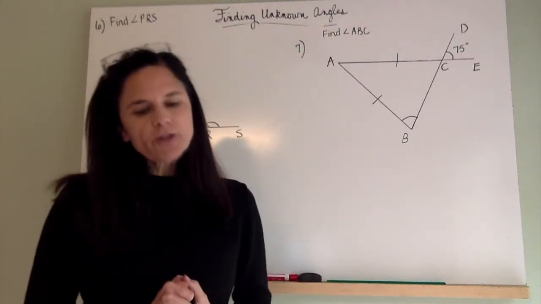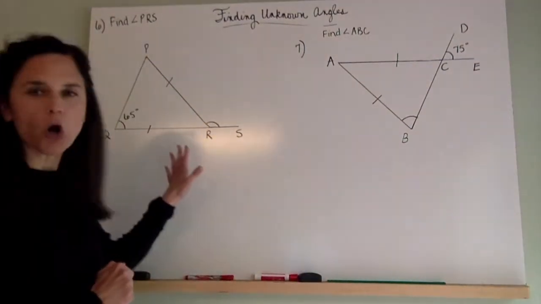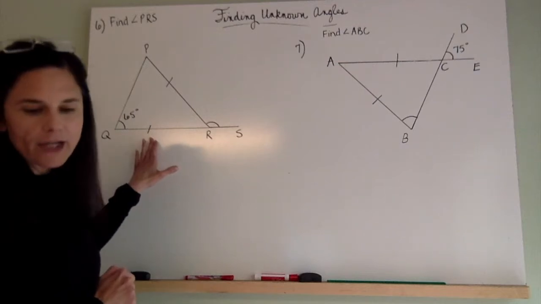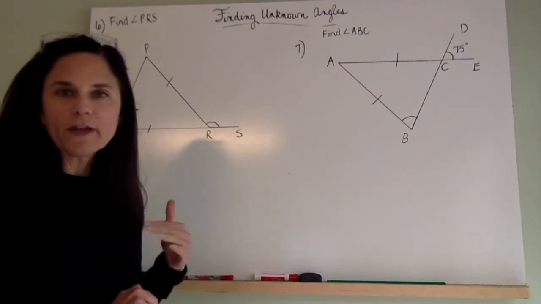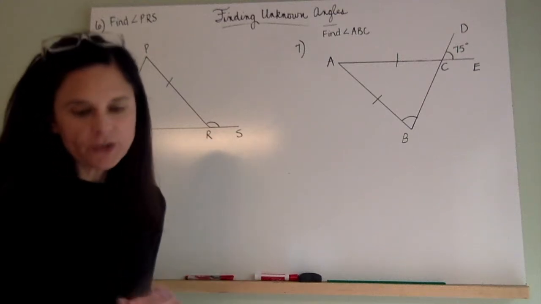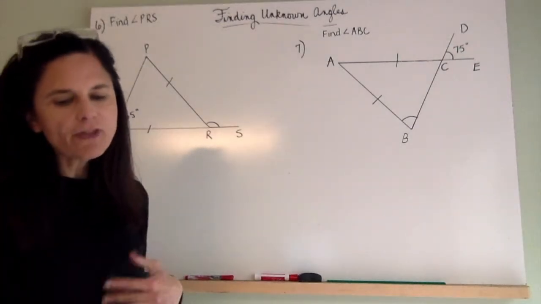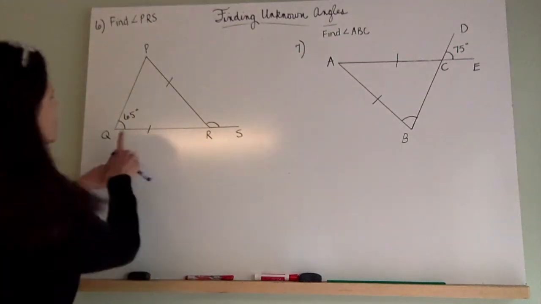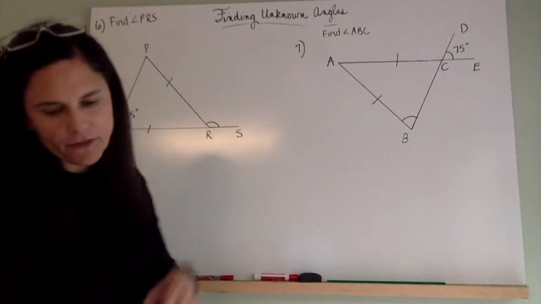So the very first question on page 64 of your textbook, I tried to draw it as best I could here, is a diagram of a triangle with an exterior angle. You're given that the triangle's name is PQR, and the lines QR and PR are equal, the same length.